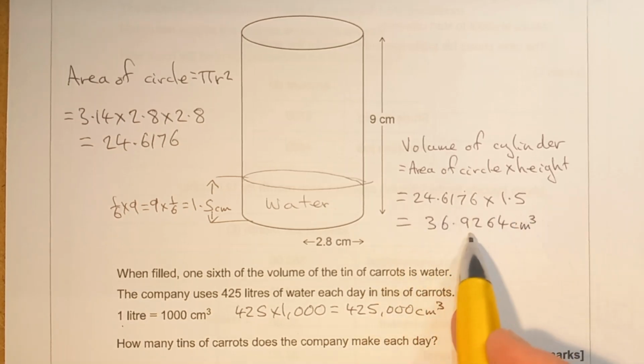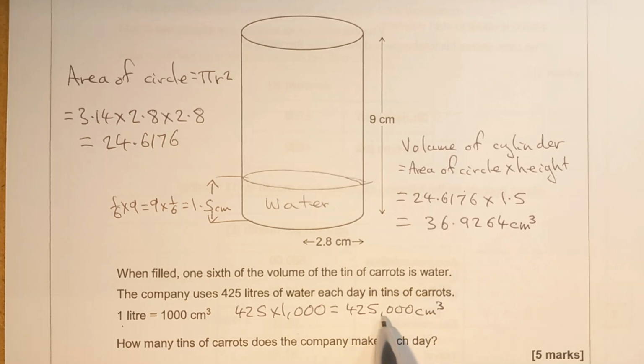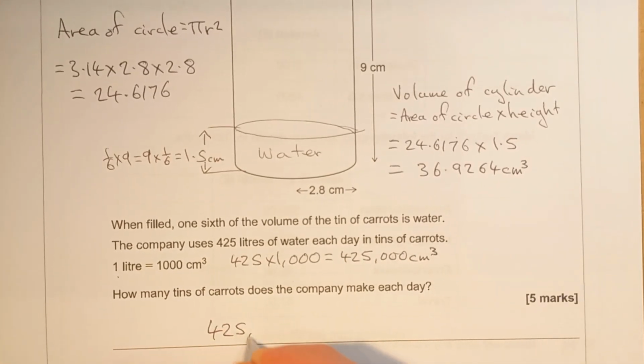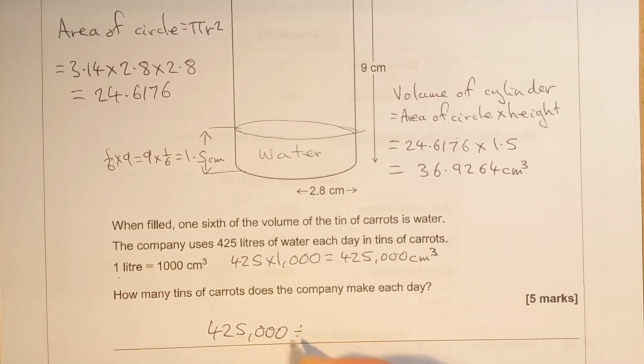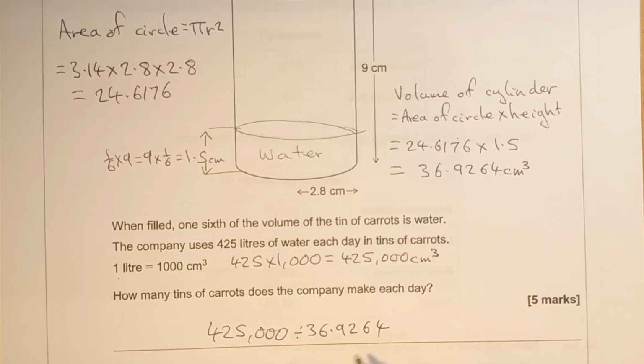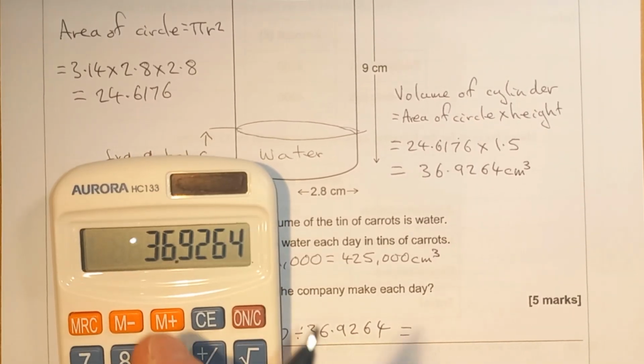And what we're trying to work out, how many tins of carrots, we want to know how many of these 36.9264s fit into 425,000. So we're going to do 425,000 divided by 36.9264. I've still got that in my calculator, so I'm going to put that in my memory.